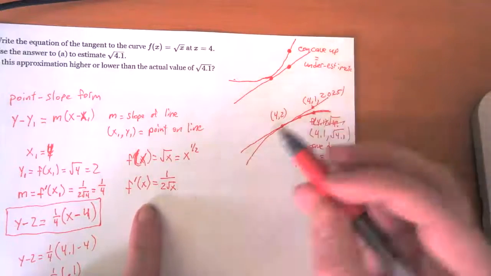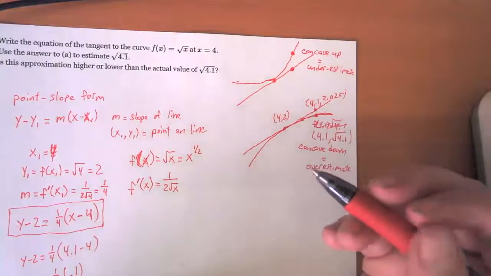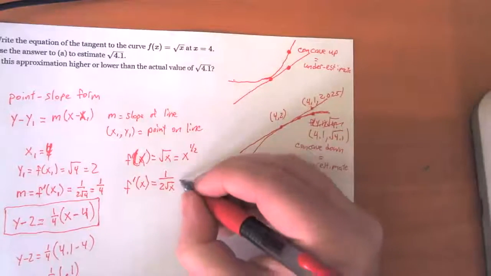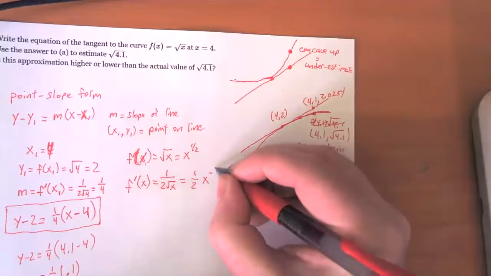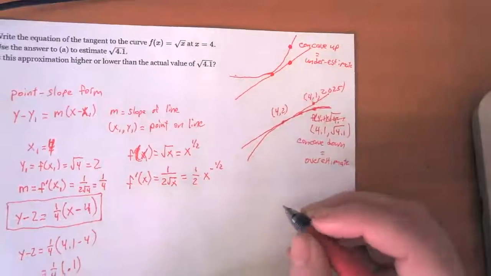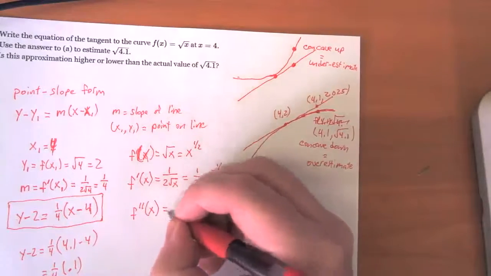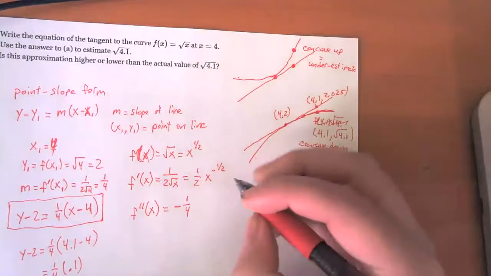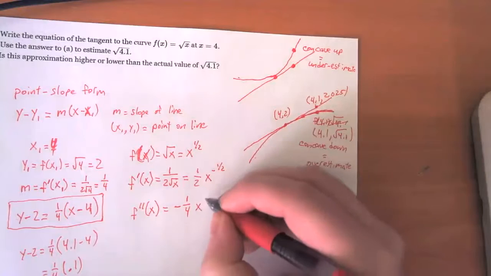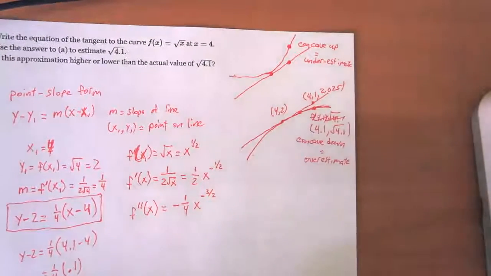So what we need to do to determine if something is concave up or concave down is we need to know its second derivative. So I will turn this into 1/2 times x to the negative 1/2 power, just to do that. So we can calculate the second derivative of x. We're just using the power rule again. So that's negative 1/4 times x to the negative 3/2 power.